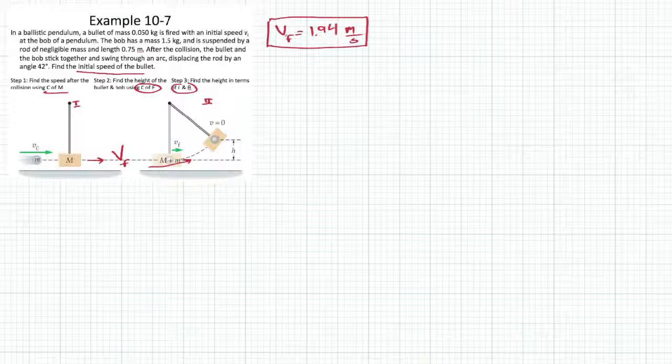That's important. Why? Because using conservation of momentum, we can use that to find the initial velocity of this bullet right here.